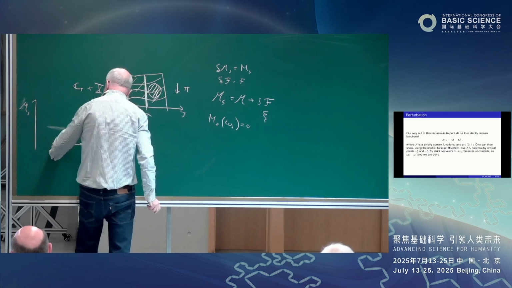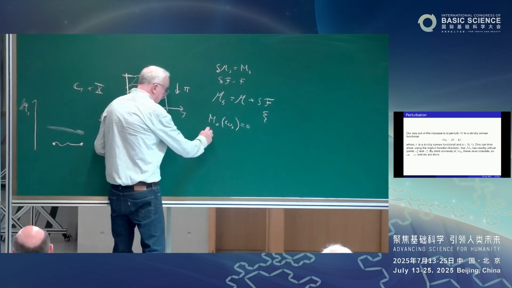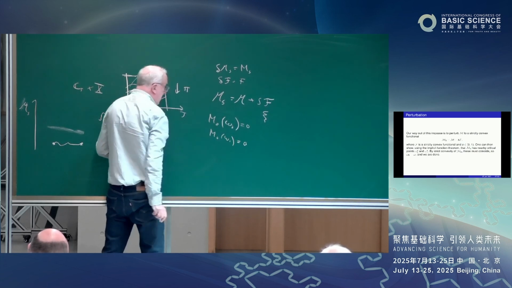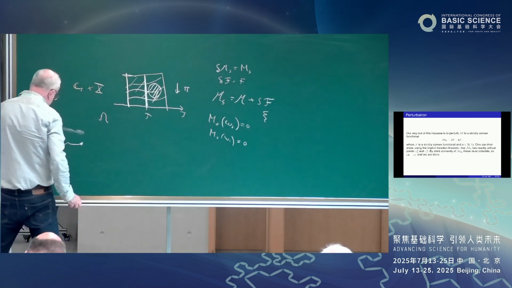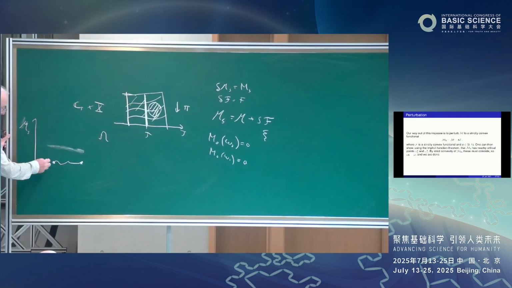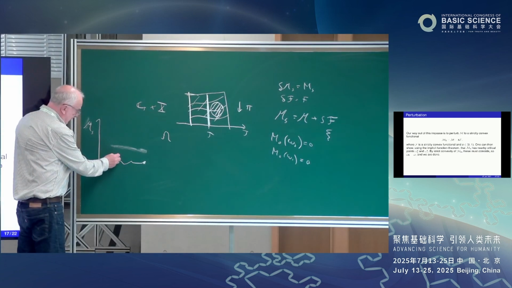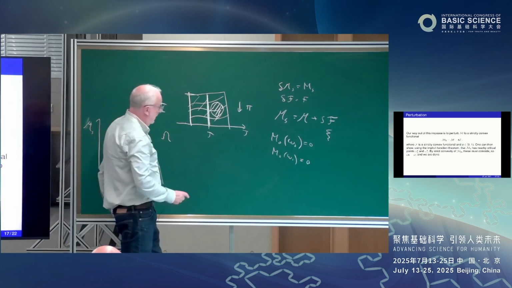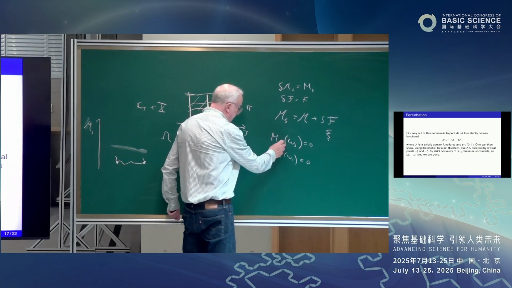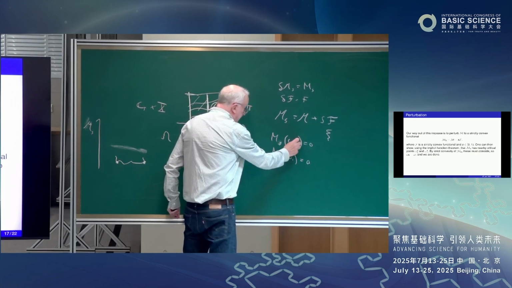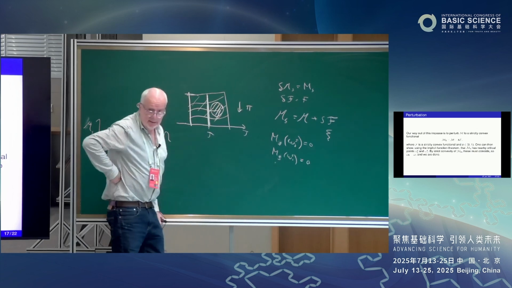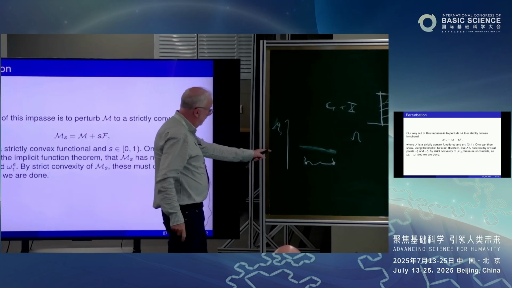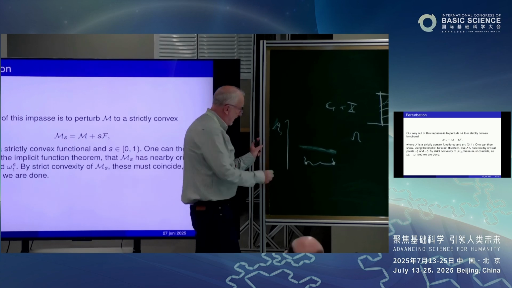So this was a critical point, so the derivative is equal to 0, and the same thing for M_0 at omega_1. But then you apply the implicit function theorem. So you take a small curve of metrics that start here and start there, and that are critical points for this. If you accept that the implicit function theorem works, then you will get critical points for the functional M_s in a neighborhood of here.